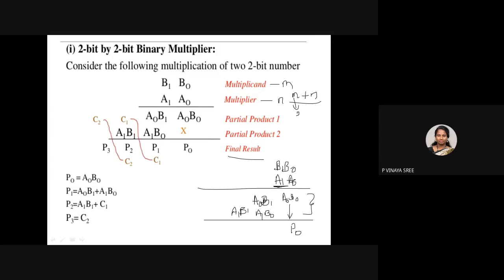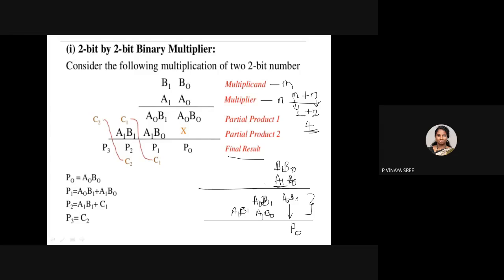Here M is 2, and the multiplier N is also 2. So 2 plus 2, you will be getting 4 product terms. You must know this: how many product terms you get is based on M plus N, where M is the multiplicand and N is the multiplier.